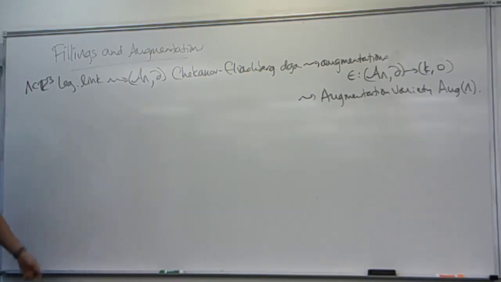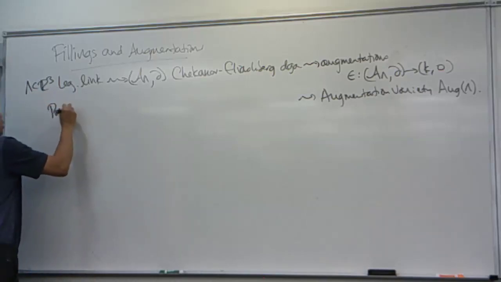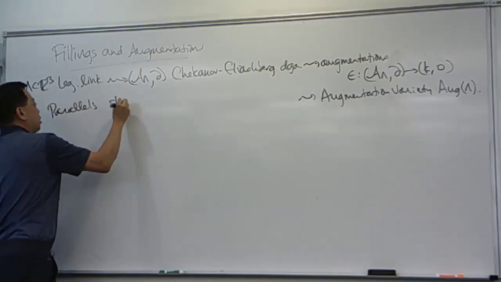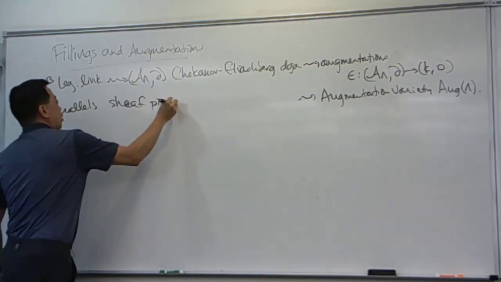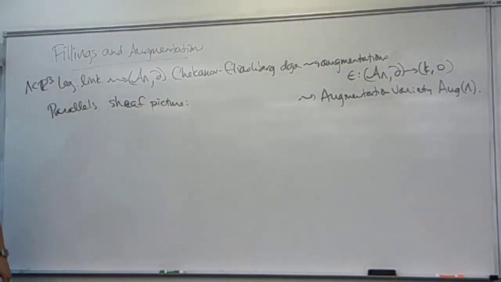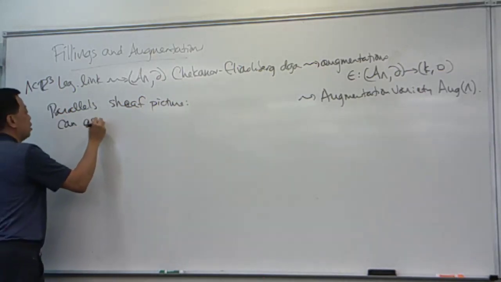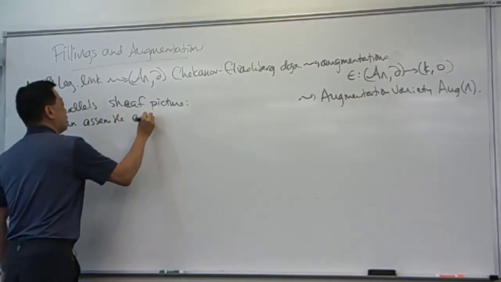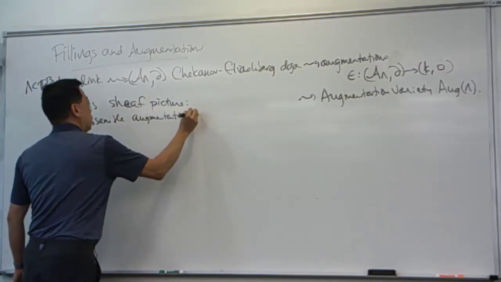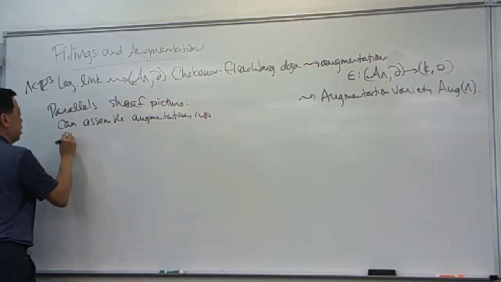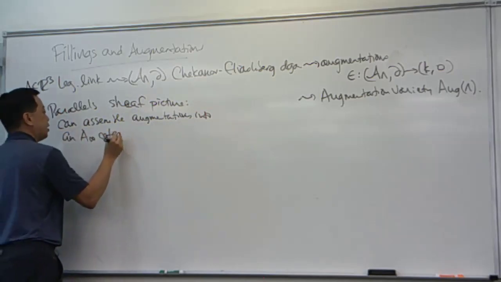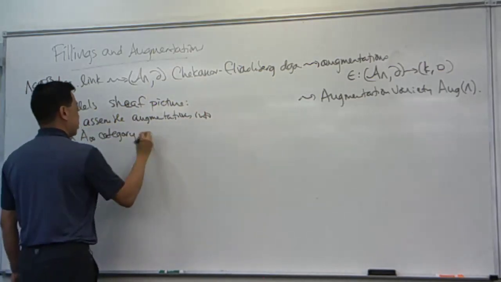So what I'm going to do today is focus on how fillings fit into this picture. But before I do that, it's been hinted at very strongly by various talks, I just wanted to say this parallels the sheaf picture that we've been looking at all week. Here's a specific but maybe slightly vague way to say this. We can assemble augmentations into an infinity category. I'm not going to define this, but let's write it.